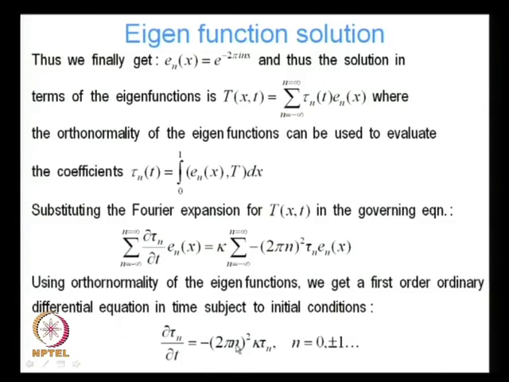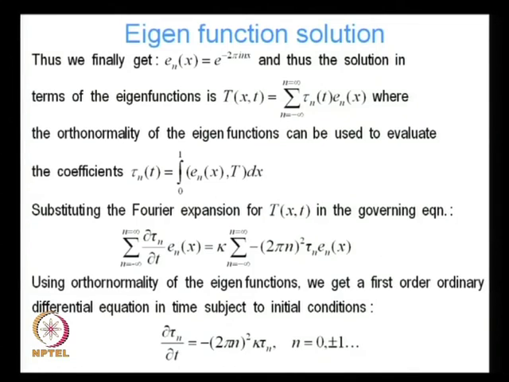So, I know my eigenvectors, and thus I go back and remember that this is a self-adjoint operator. So, its eigenfunctions are complete, they form a basis for that function space. So, my solution T(x,t) I can always express as a linear combination of my eigenfunctions.